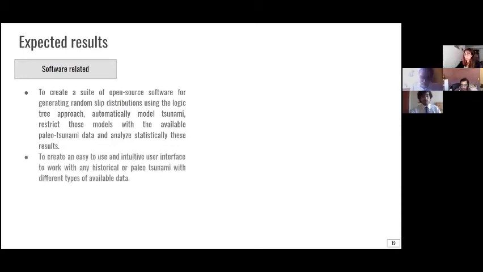And then we will strive to create an easy to use and intuitive user interface to use this software with any historical or paleo-tsunami data with different types of available data. So this software, as I mentioned, is super flexible and accepts a lot of user input.